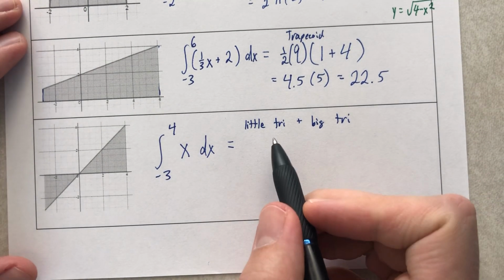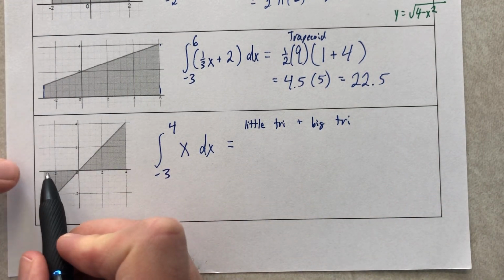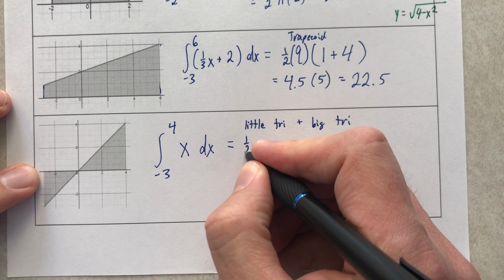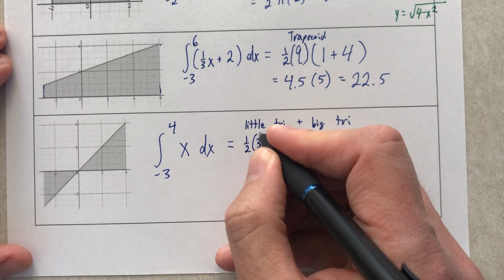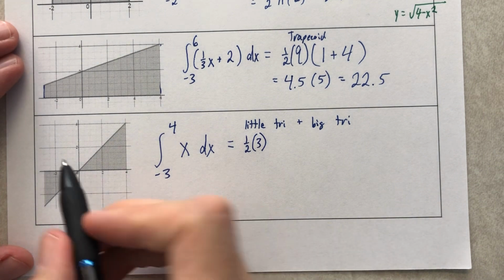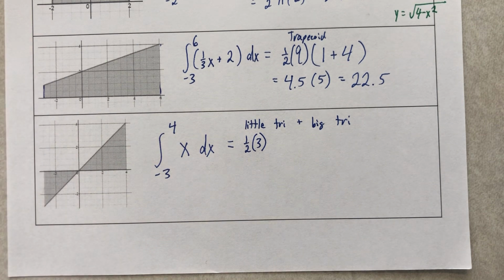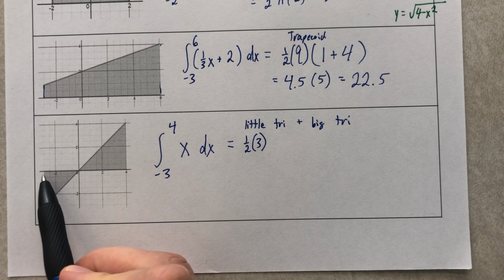So we're going to find the area of this little triangle. And when we do, we are going to just look across here. We're going to have 1/2 times 3. And now this is where things get tricky. 1/2 base is 3. And the height, you might say, well, the height is 3. And I hear you, but we're actually not going to talk about height so much as we're going to talk about the value of the function.